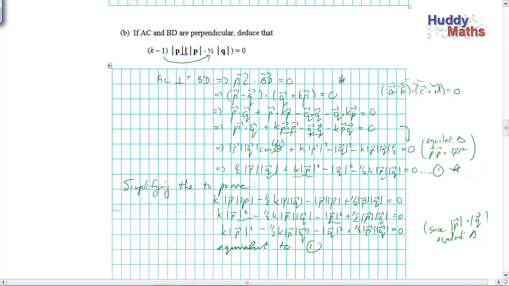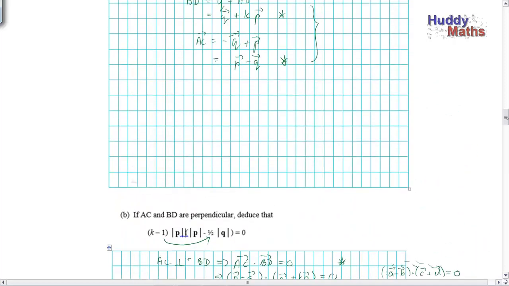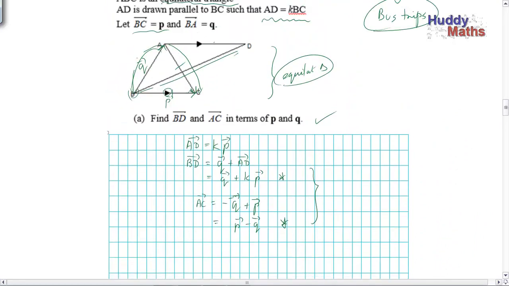All right, so how did you go with that? That's fairly challenging, but yeah, it would be an A-type question overall. So let's mark it. Have we marked the first one? No, we haven't marked the first one. So let's have a look at a mark scheme for the first one.